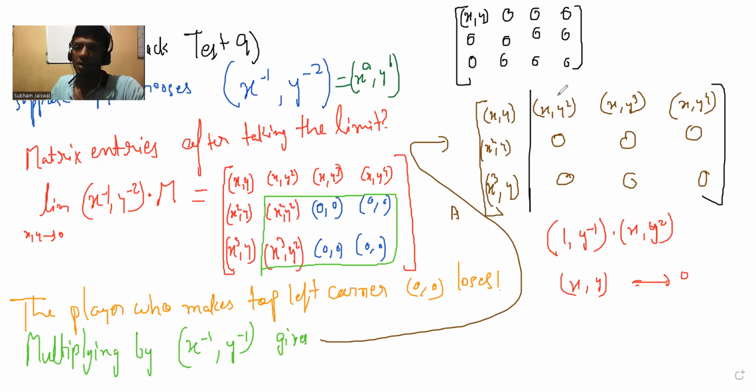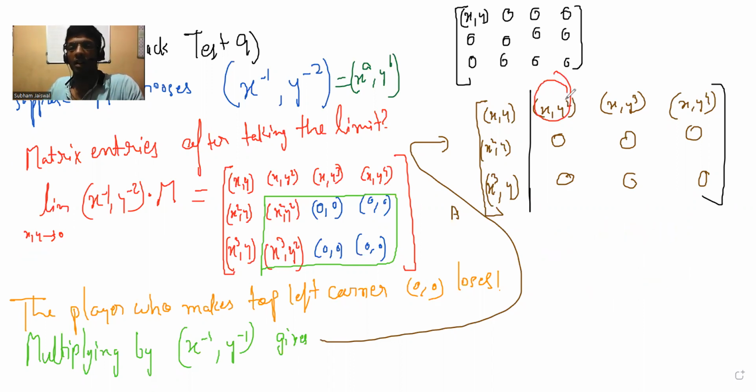So you see, you can actually make anything zero. If B does this, then A can do this, and then B will lose. If B does this, then he will lose. That's a different thing.